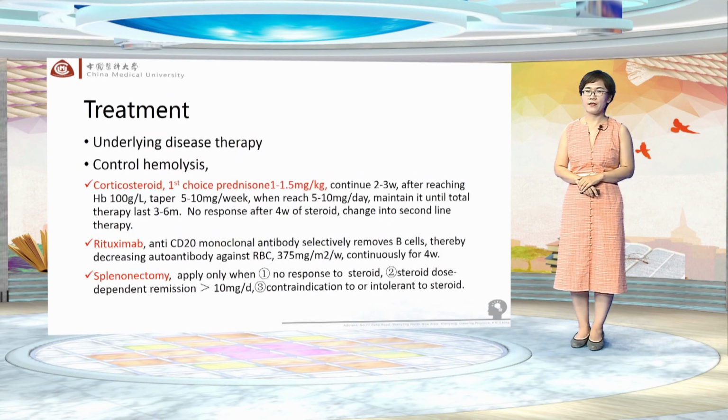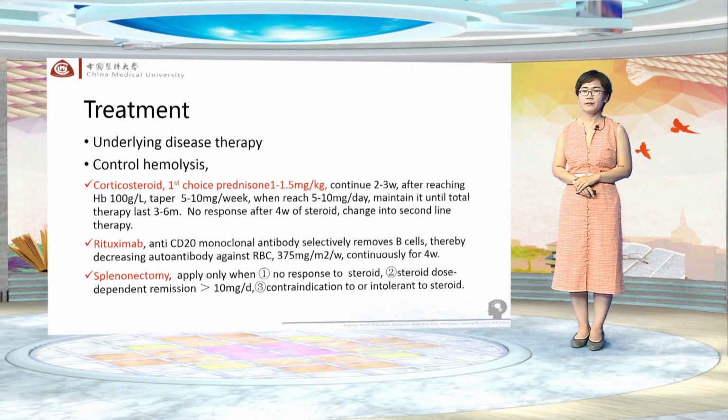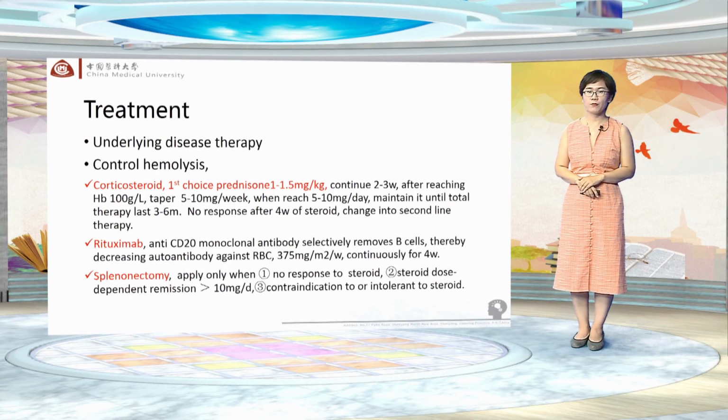Treatments include underlying disease therapy and control of hemolysis. Corticosteroid is the first choice for control of hemolysis. Prednisone is most commonly used, usually beginning from 1 to 1.5 mg per kilogram body weight. Hemoglobin generally starts to rise around 1 week if the treatment is effective.